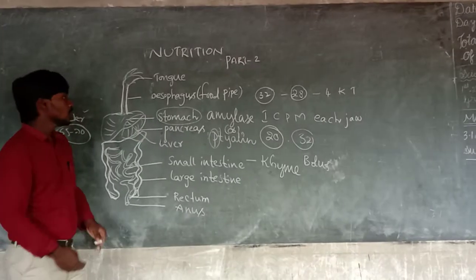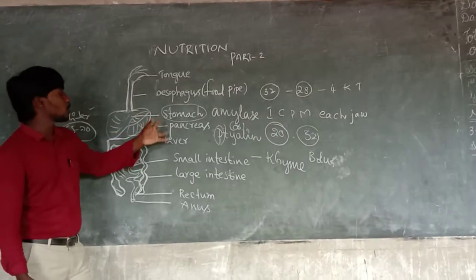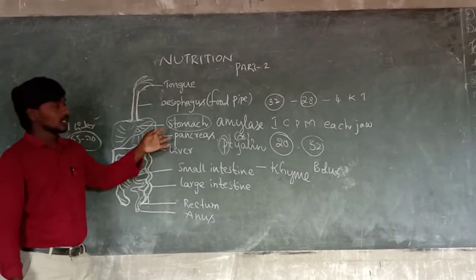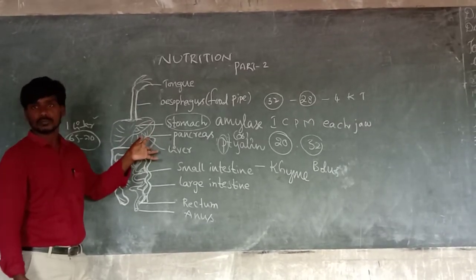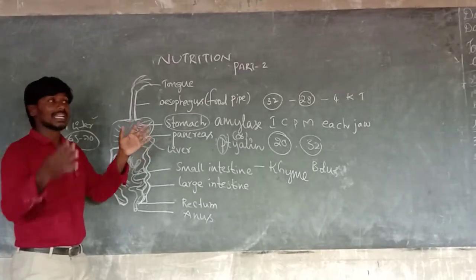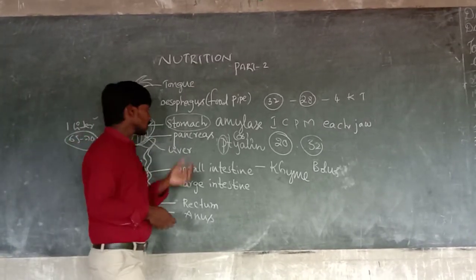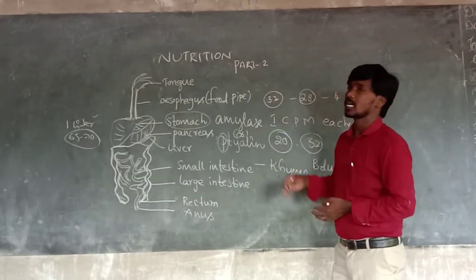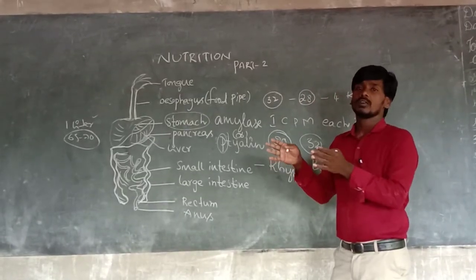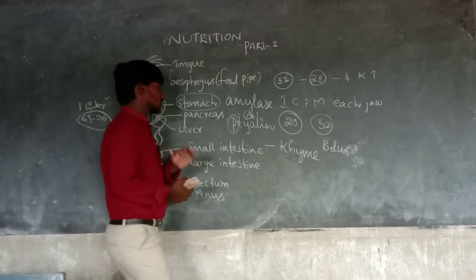When the secreted juices are released by these parts of the digestive system, they act on the food material, and then you get some energy. Suppose you have already taken carbohydrates. Digestion in the stomach is passed on to the small intestine.